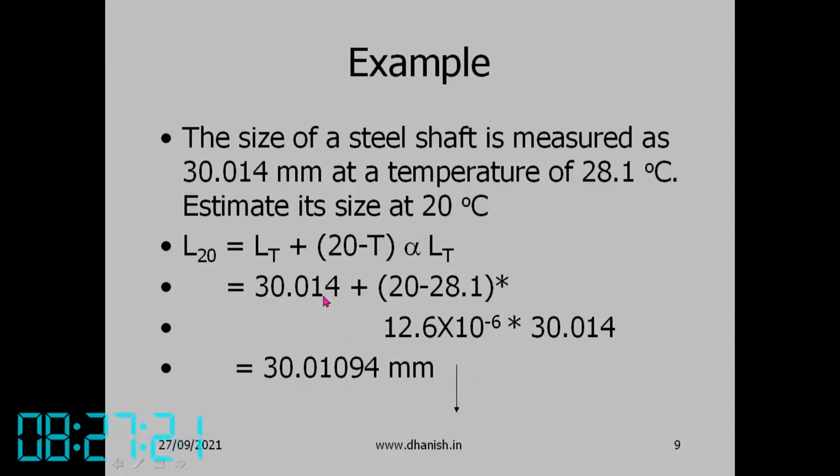So 0.003 mm, or 3 microns, is the error due to a temperature difference of about 8 degrees Celsius for a shaft of size 30 mm. 30 mm is maybe around the size of a thumb. Okay. So slightly bigger than 1 inch. An inch is 25.4 mm.